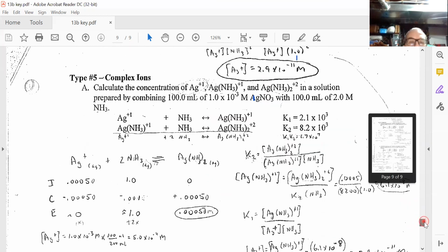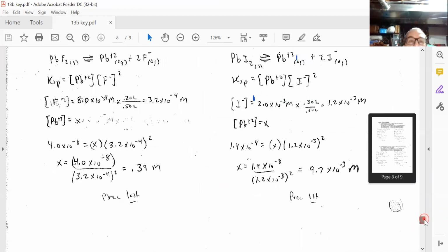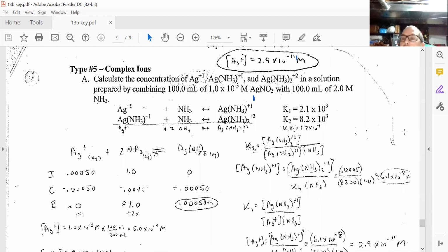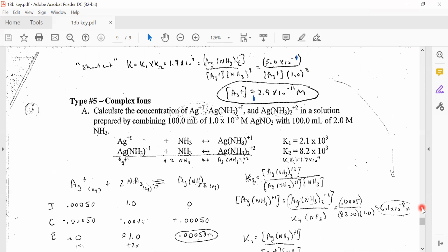The shortcut is, instead of looking at each one individually, I'm going to look at this overall equation and say K1 times K2 was 1.7 times 10 to the 7th, like we said. And that's going to be Ag(NH3)2+ over Ag+ and NH3 squared. So I have all these things right there.